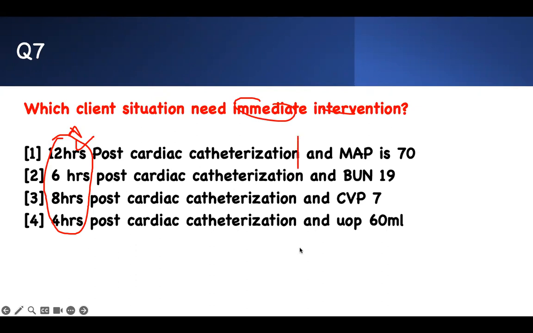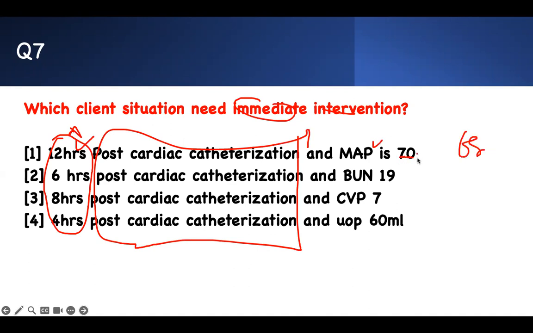Post-cardiac catheterization. If your MAP is 70, it is normal. 65 to 75 is normal. That means you're not bleeding. Your BUN normal is 20, it's 19. That means the urine output is adequate. CVP of 7, central venous pressure, normal is 2 to 8. This patient's pressure is normal.